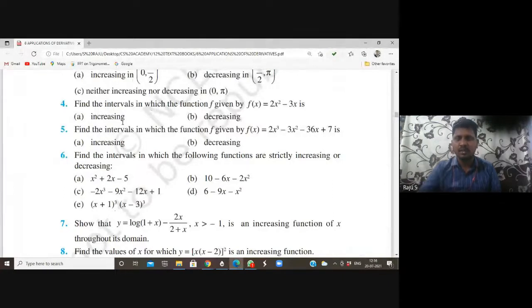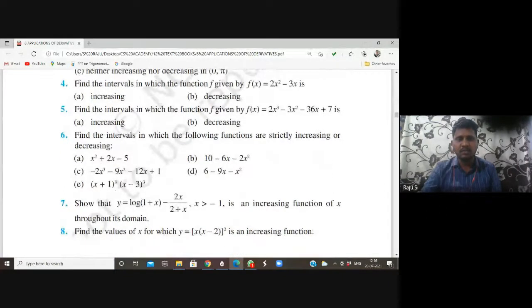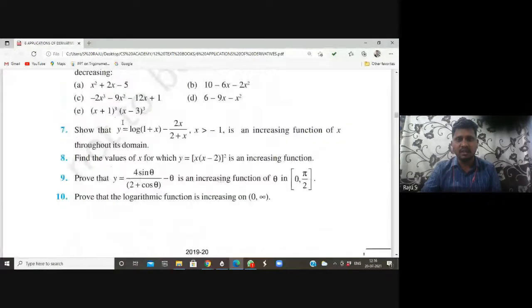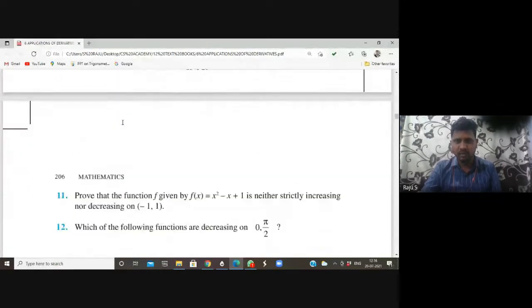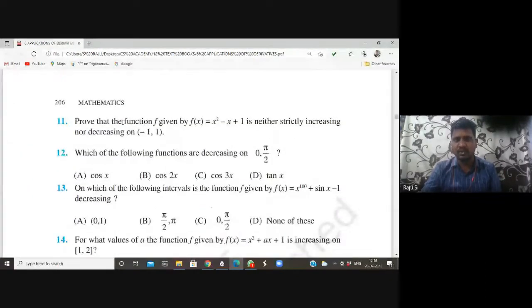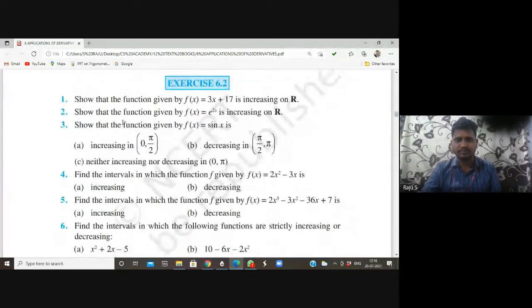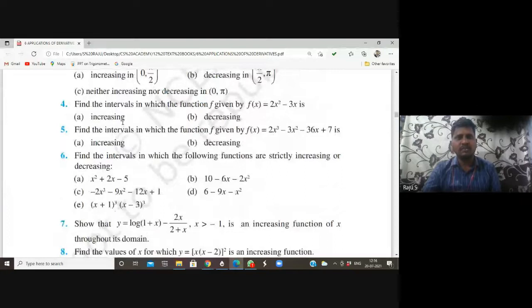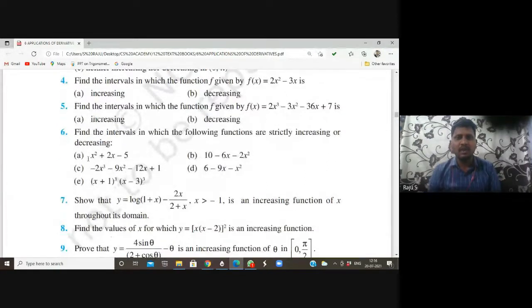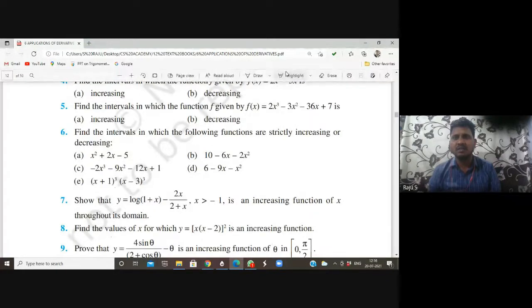These are the 1 mark or 2 marks questions. Next, question numbers 5th, 6th, and more like 11th, 12th and so on, these are the 3 marks or 5 marks questions. Is it clear, students? Question number 5, again the same. Here also differentiate. Find f dash of x.